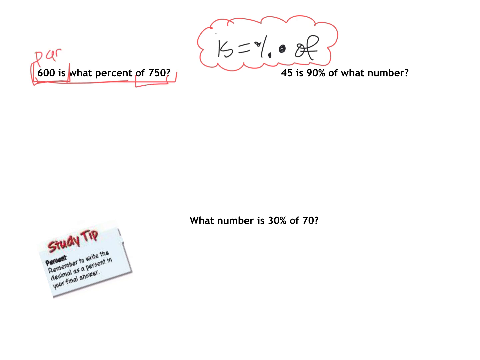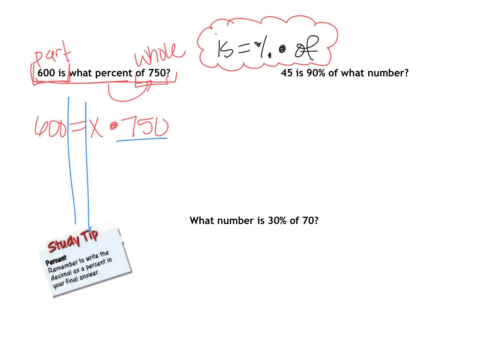So this is my part, and this is my whole, because I'm taking the percent of 750. So whatever I'm taking the percent of is the whole. Okay, so we're going to do 600 equals, we don't know what the percent is, so that's x times 750. Now we just have a one-step equation that we are experts at.